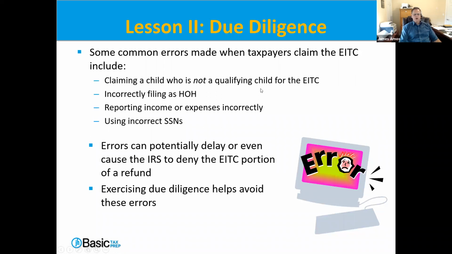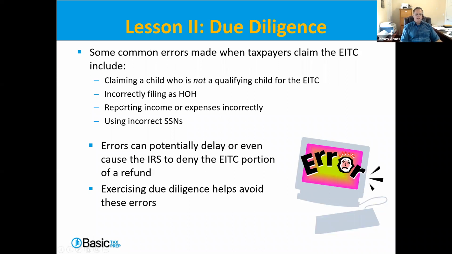Claiming a child who's not a qualifying child for EIC. That's why you have my definition of what a qualifying child is. Remember, a qualifying child for EIC is a person who is a qualifying child by definition to be on a return as a dependent, except RARs without the S. That's the only exception to that.